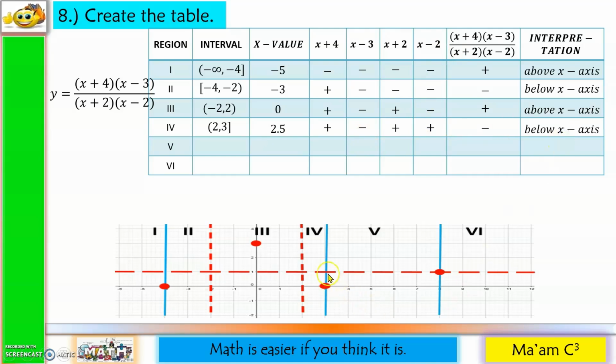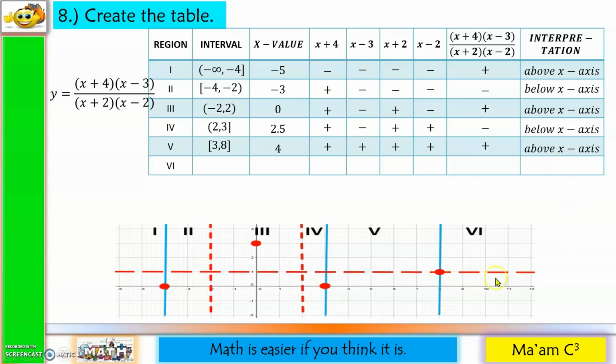Next, region 5, that is from 3 to positive 8. So both are included, so 3 to 8. Let us assign a value from region 5, let us say 4. 4 plus 4 is positive, 4 minus 3 is positive, 4 plus 2 is positive, 4 minus 2 is positive. So there is no negative, all positive, therefore this is positive, above the x-axis.